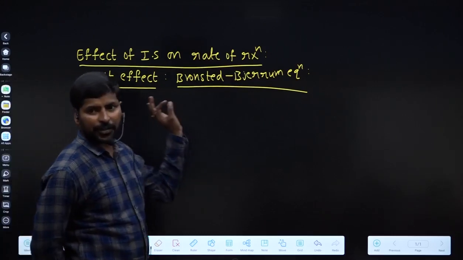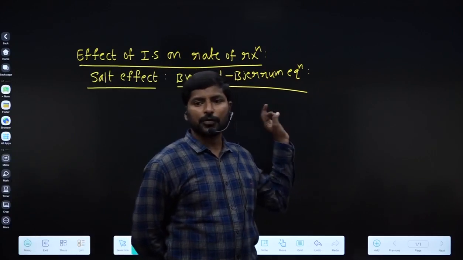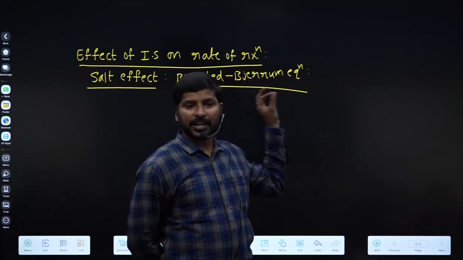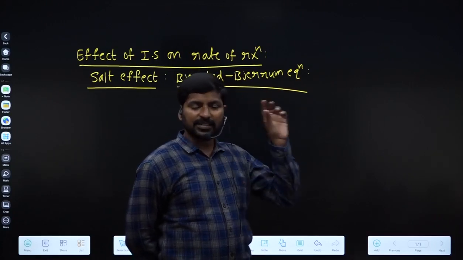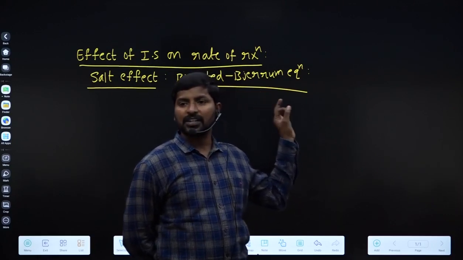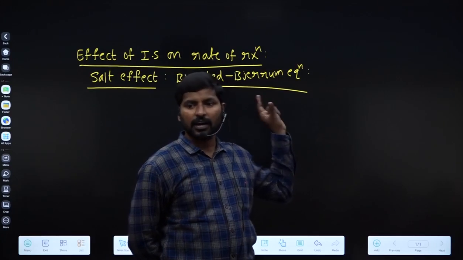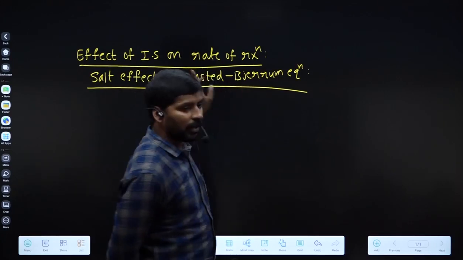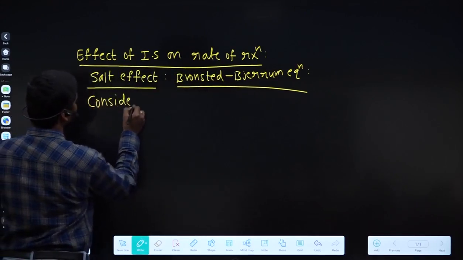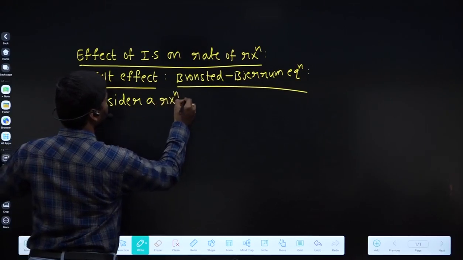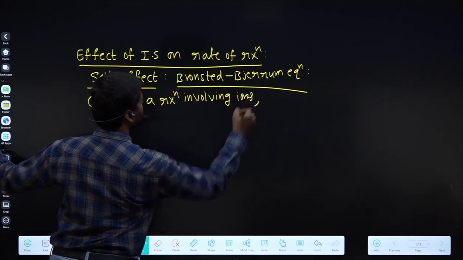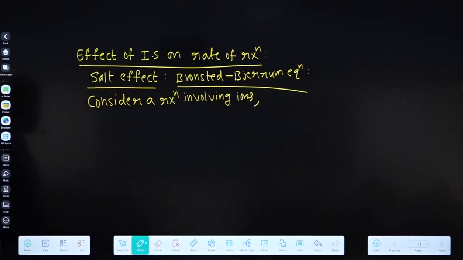Salt effect. What is salt effect? Salt effect is nothing but the effect of charges on the ions on the rate of reaction. If you consider a reaction involving ions, what is the effect of charges present on the ions on rate of reaction? That is called salt effect. Consider a reaction involving ions.